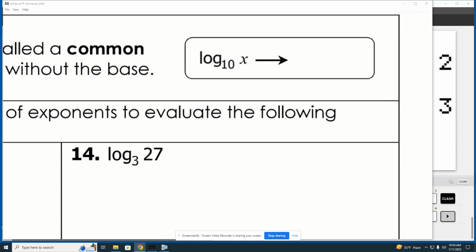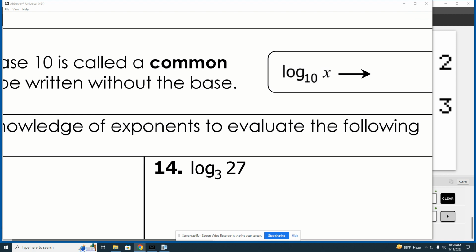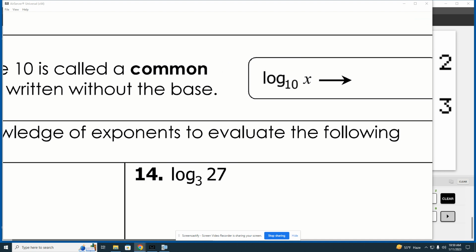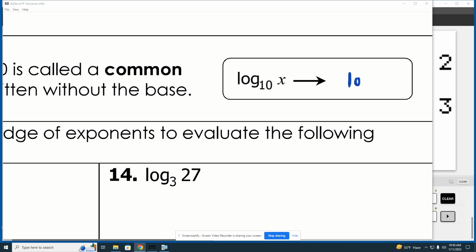Like the notes say on your paper, they call base 10 common log. So when you type the log button in your calculator, it's technically doing log base 10 of whatever value you just plugged in. So whenever in the future you see just log of x, it's understood to be base 10.